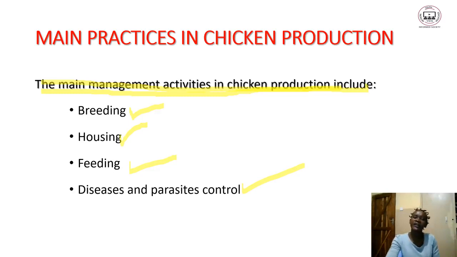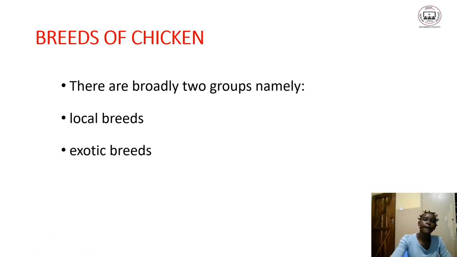It's also another management activity which we can do in chicken production in order to increase egg yield, meat yield, as well as even the feathers. So the main management activities which are done in chicken production, we are going to look into details.